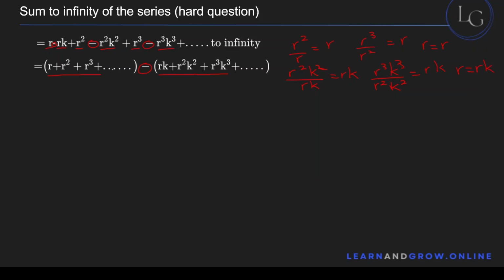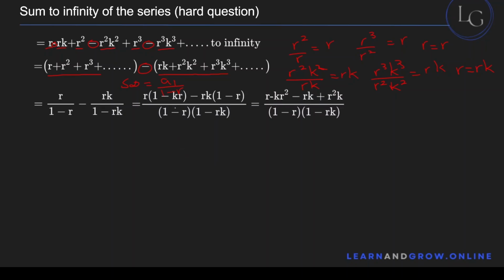So now we have two geometric series, and so we can apply the formula of S infinity, and that was S infinity is equal to A1 over 1 minus R. And when you apply that on these two geometric series, you get this.